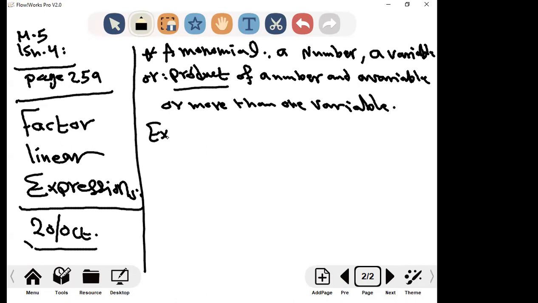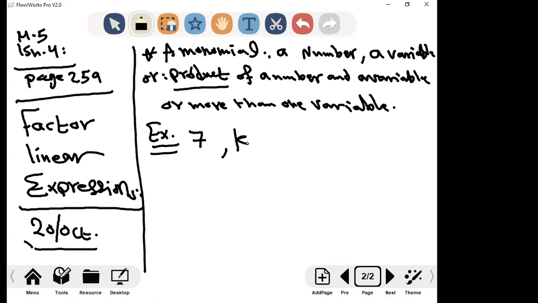Example. A monomial can be a number. So 7 by itself is a monomial. Or a variable, so k by itself is a monomial.